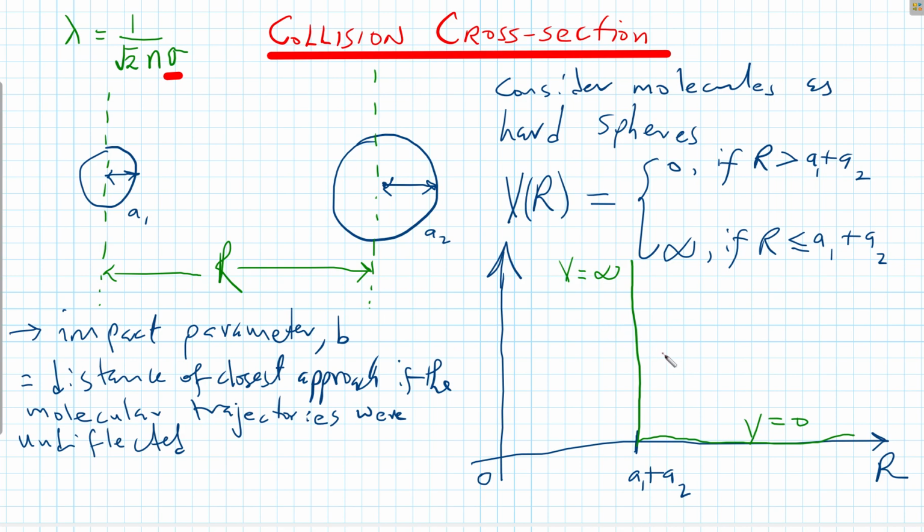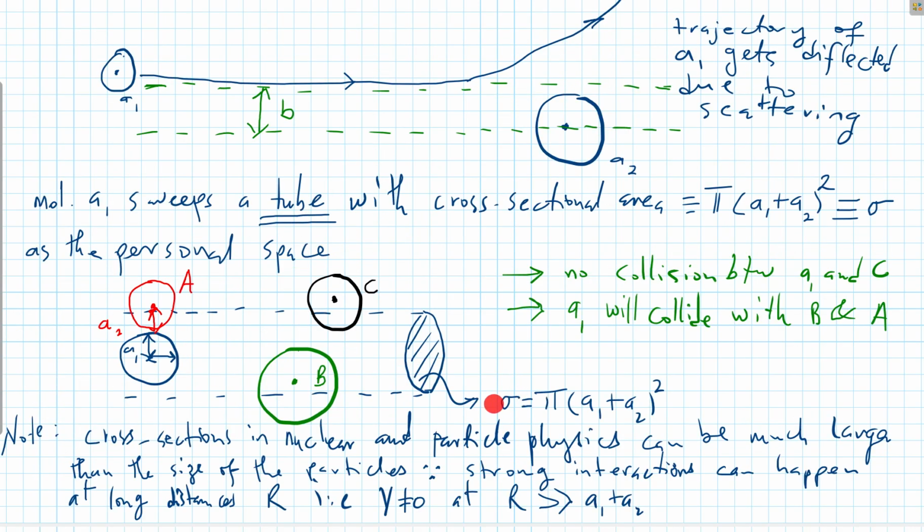For nuclear and particle physics, V is not equal to 0 in this region, and for that reason the cross-sectional area for nuclear and particle physics interactions can be much bigger than the cross-sectional area of the molecules under consideration, because pi r squared is a measure of the size of the molecules.